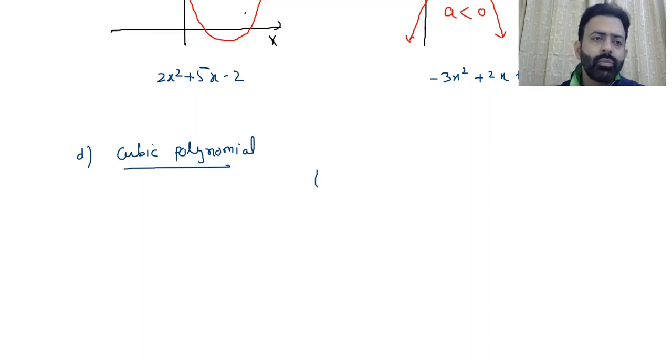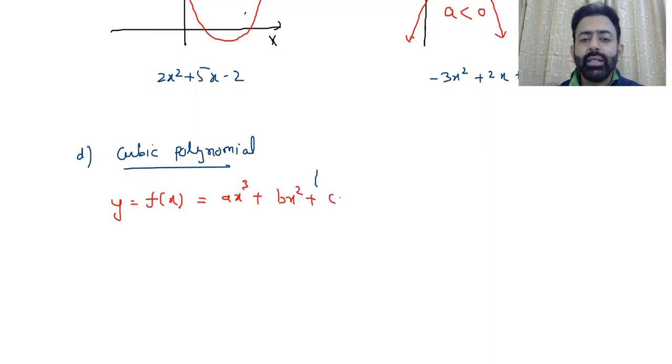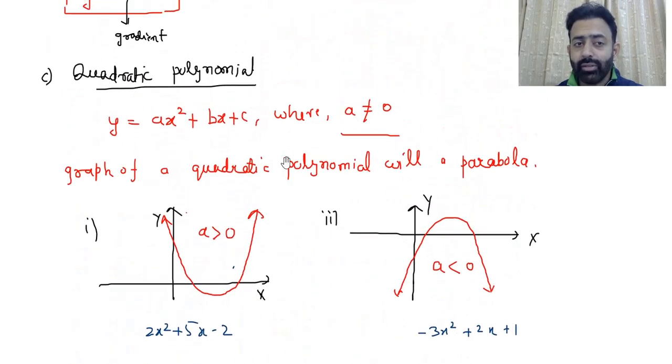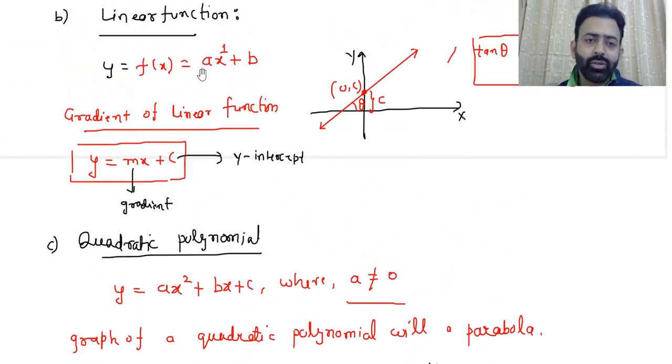So any cubic polynomial of the type y is equal to f(x) equal to ax cube plus bx square plus cx plus d, where a should not be equal to 0, will be a cubic polynomial, right? And yes, since we are defining a not equal to 0 in quadratic and in cubic, this should also be not equal to 0 in linear, okay? That a should not be equal to 0, right?